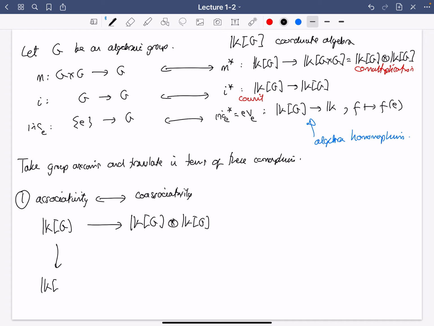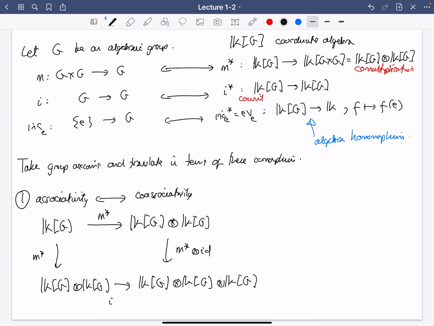So the co-associative axiom, which is equivalent to the associativity of that group multiplication, gives you the following diagram. The maps here are M star and M star, and then M star tensored with the identity, and the identity tensored with M star. So this diagram commutes.